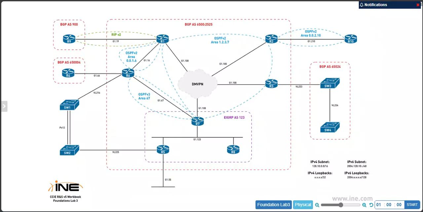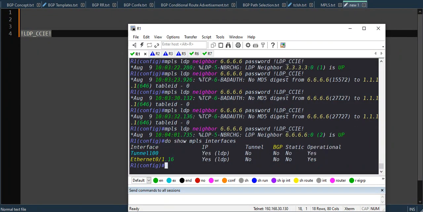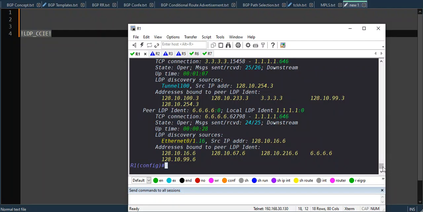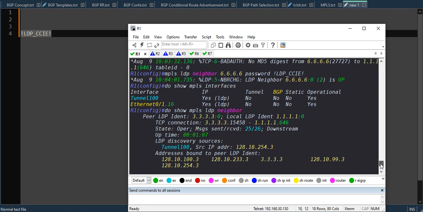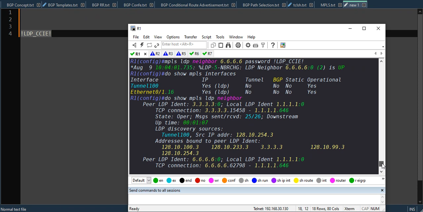And now let's verify R1 and R6. Show neighbor, and I have two neighbors up, and it's up here.